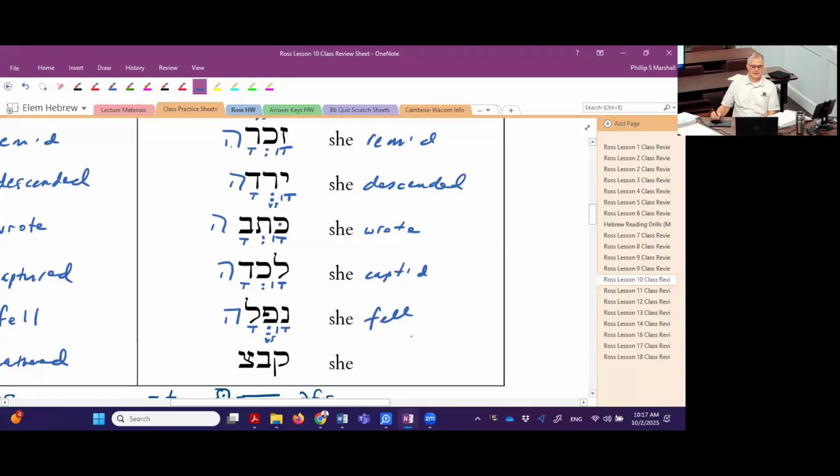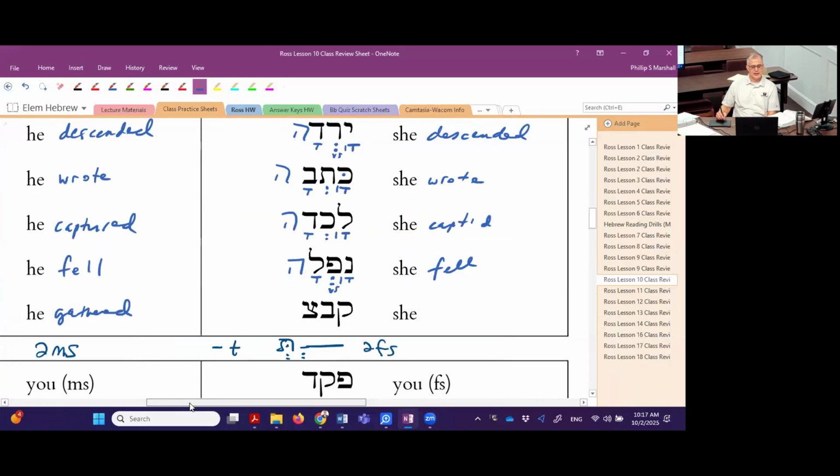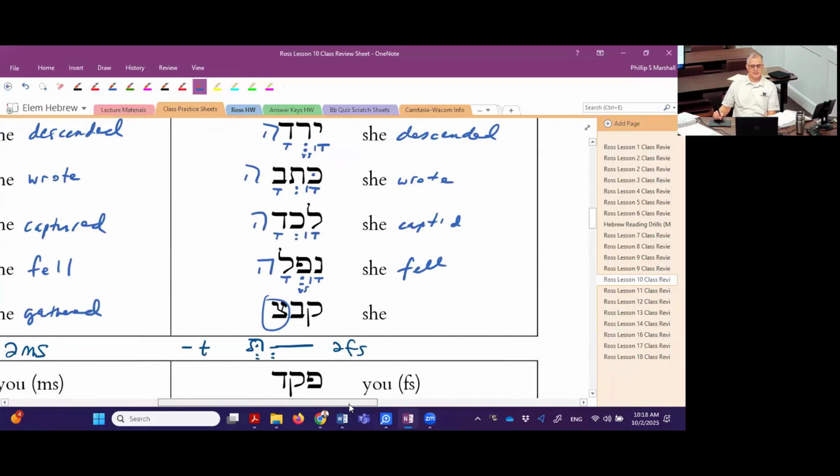Good. So last, kavatz. Notice that I have switched the final tsade to the non-final tsade as a bit of help to you, because it cannot be final tsade here, can it? What am I adding to the tsade? Kametz. So I can't have a final tsade here. What's root 1's vowel going to be? Kametz. And then root 2's vowel was what?